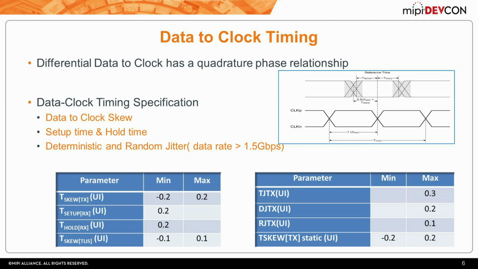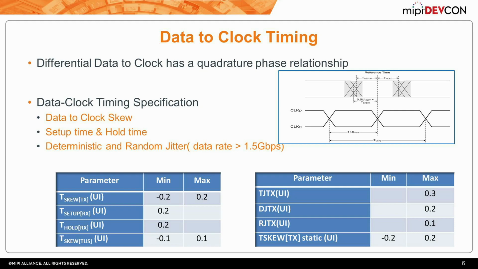For designs with data rates up to 1.5 gig, the timing is specified by 3 parameters primarily: the data to clock static skew, the receiver data to clock setup time, and the receiver data to clock hold time.